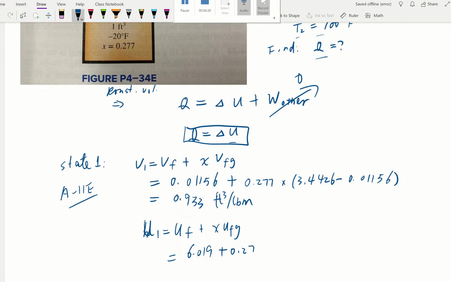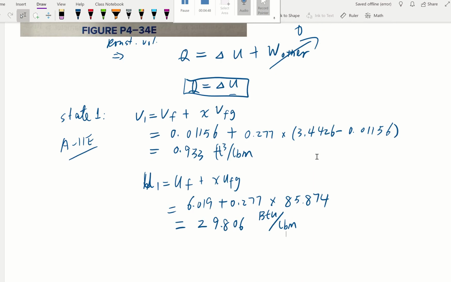The quality is 0.277. Put it into the calculator, let's see what we have. The answer is 29.806, and the unit for that is BTU, British Thermal Unit, per pound mass. That's our U1. Okay, so now we're going to move on to state 2.